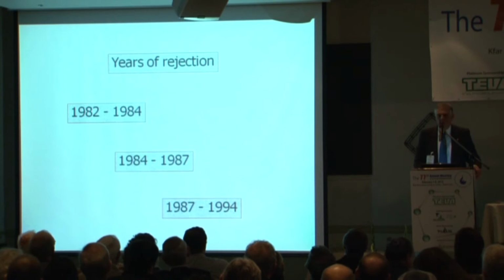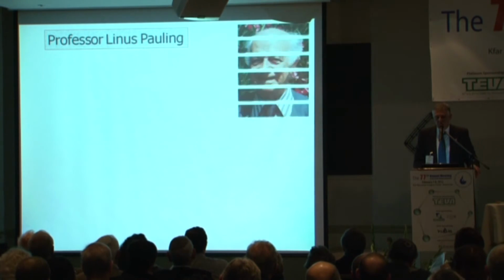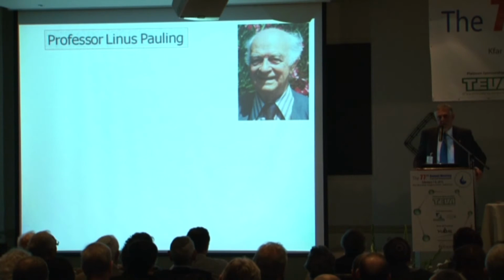However, from 1987 to 1984, the resistance, the objection didn't die. And it didn't die because of one person. And that person was Professor Linus Pauling. Now, Linus Pauling was an eminent chemist, arguably the most eminent scientist of the 20th century, the idol and father of the American Chemical Society.